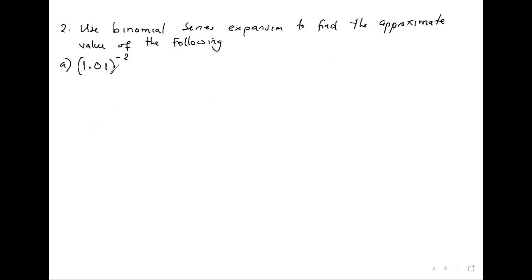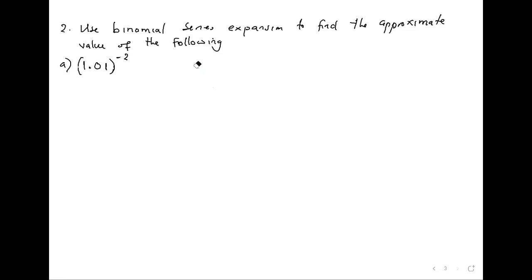When you are given this question, do not use a calculator. That is not binomial series. Do not take it as 1 over 1.01 to the power 2 and start calculating. That is not binomial. When we say binomial series expansion, then look for a binomial series, find it and use it. Okay, so you can pick the simplest binomial.